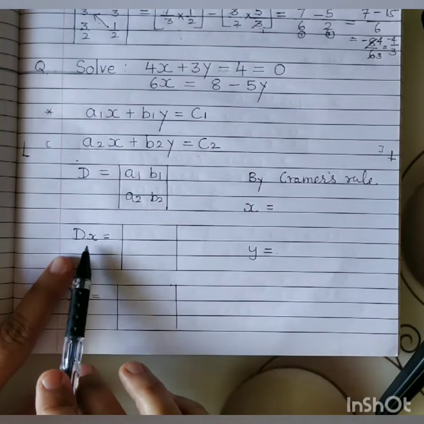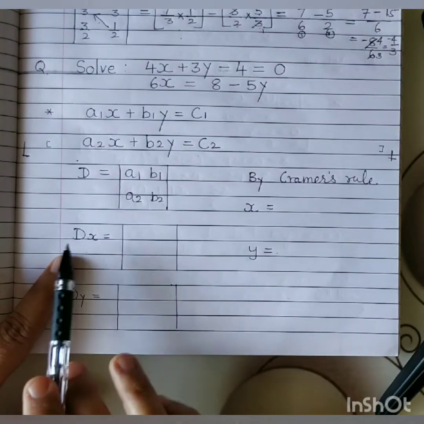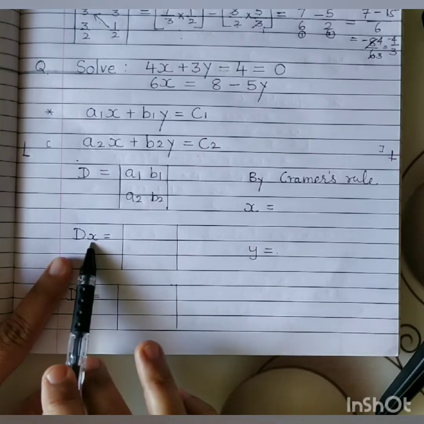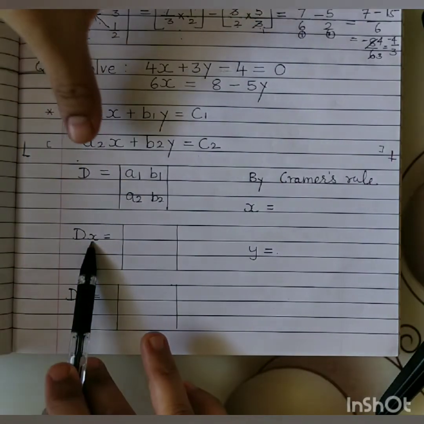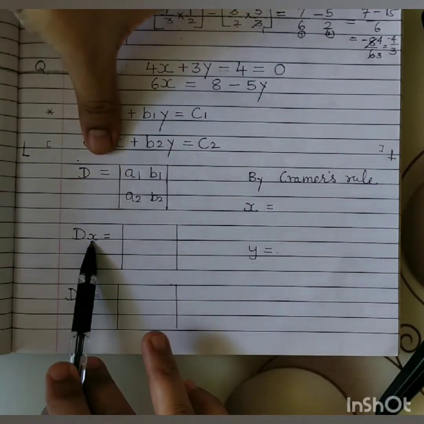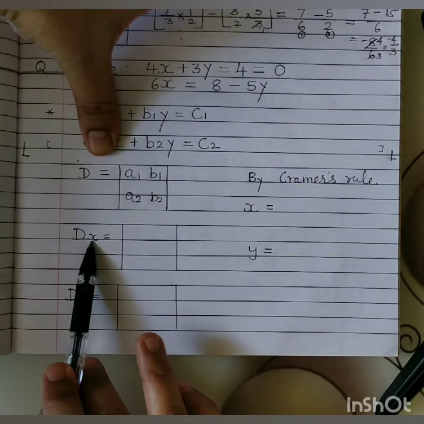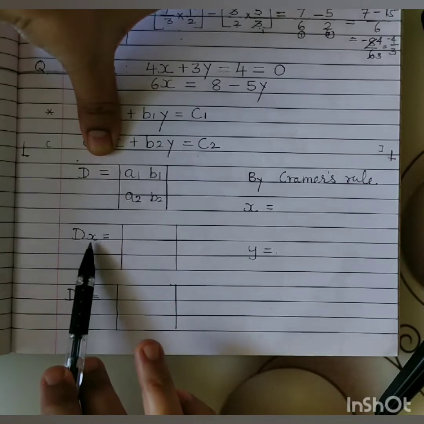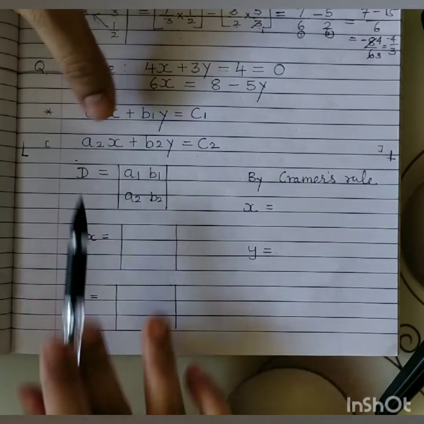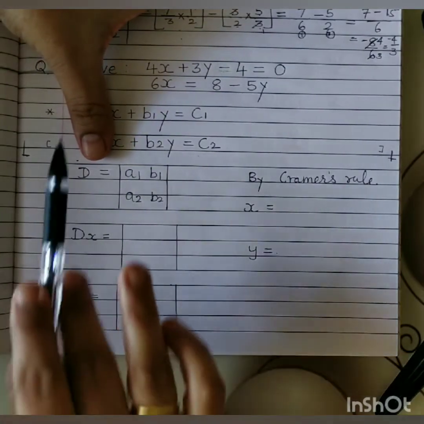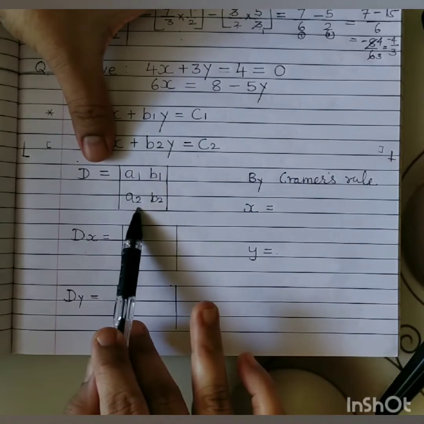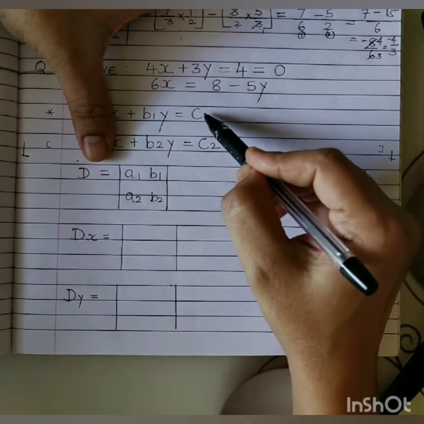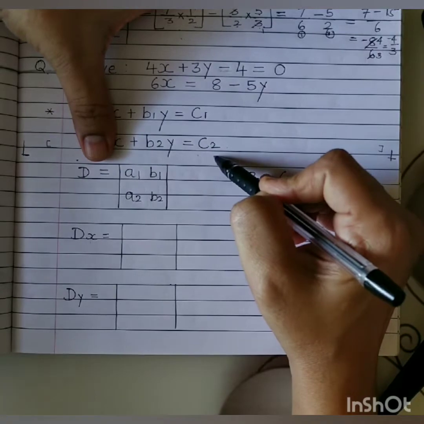The second determinant you need to make is dx. For dx, what you have to do is x. So you hide this column, the A1 and A2 column will be hidden here. And in place of that, remember the relation for x, this column A1, A2 you will replace by the constant column, that is C1, C2.